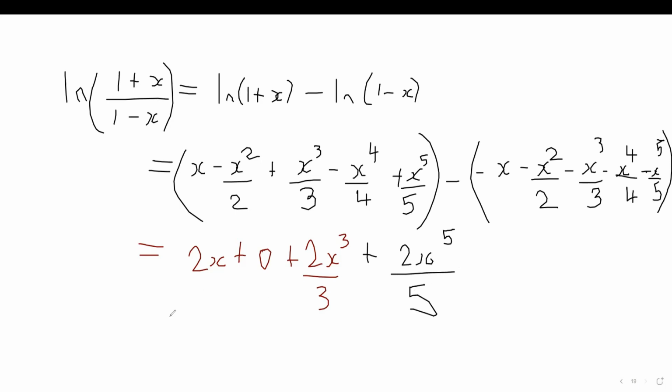So Marika, as we can see now, ln of (1 plus x) over (1 minus x), we can factor out a 2 and see that it works out to be 2 times x plus x cubed over 3 plus x to the 5th over 5.